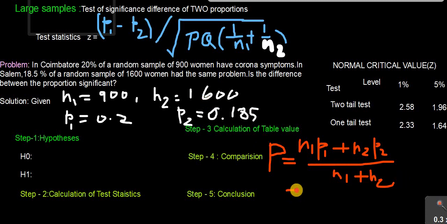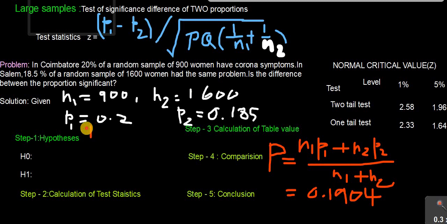Finally, the answer for this is 0.1904. So that's what we get for P here.